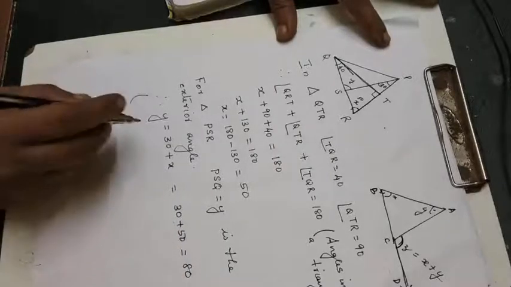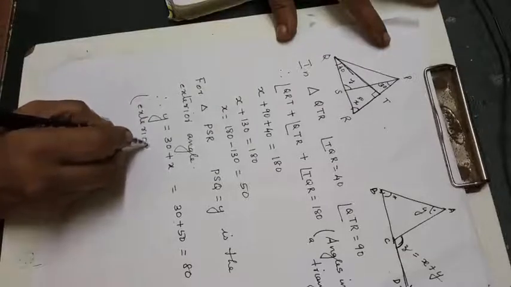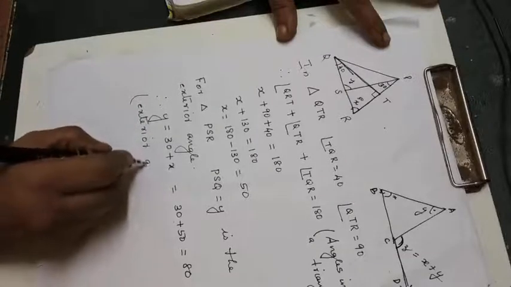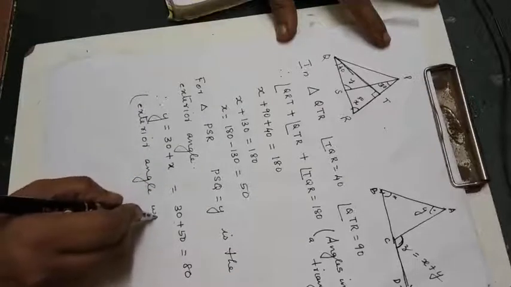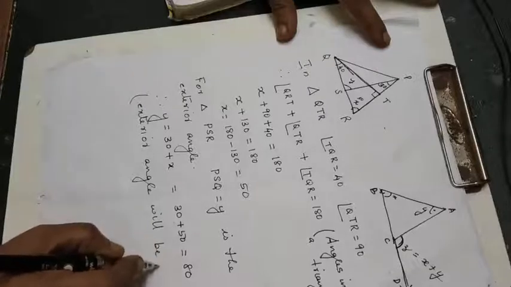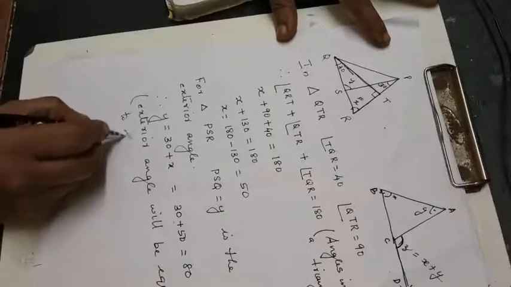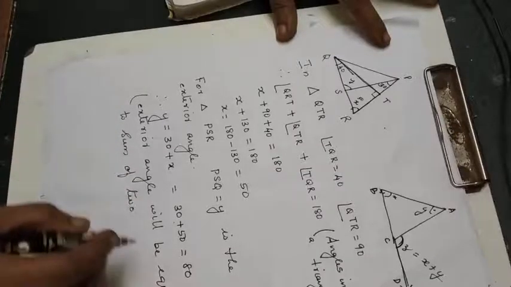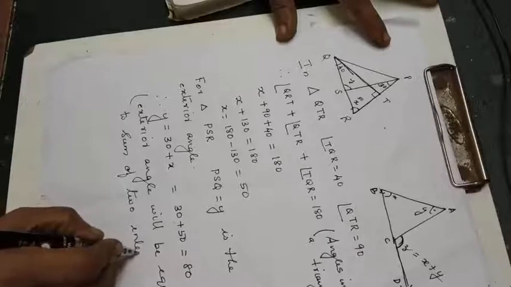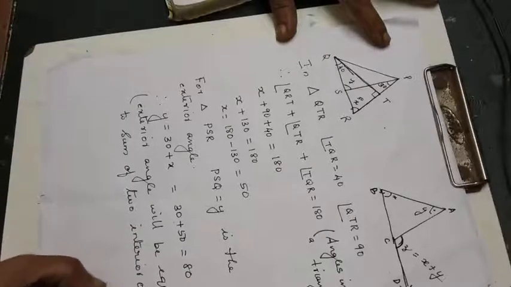What is the reason? You will write: exterior angle will be equal to the sum of two interior opposite angles.